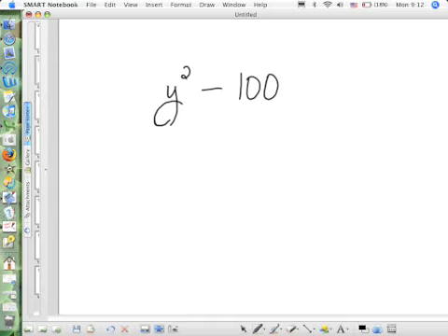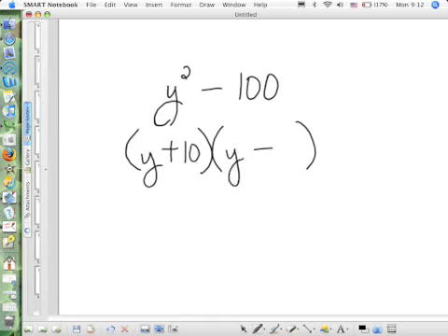Yes, they are. So I know I'm going to have plus minus. Now I've just got to figure out what the square root of these numbers is. y times y, 10 times 10. Very, very simple.